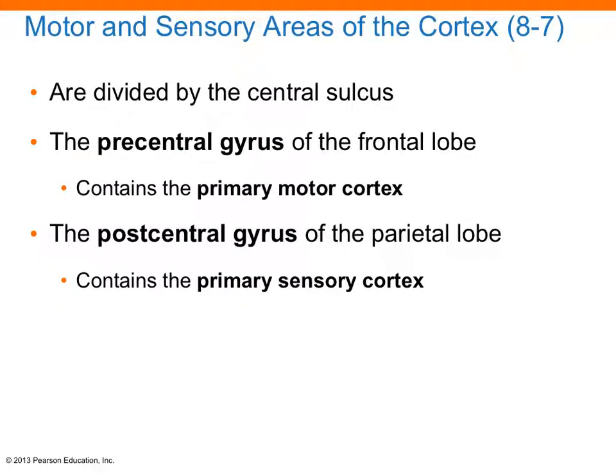The frontal lobe has the primary motor cortex. That's where we have movement and skeletal muscle involvement. The parietal lobe has the primary sensory cortex and has certain sensations.